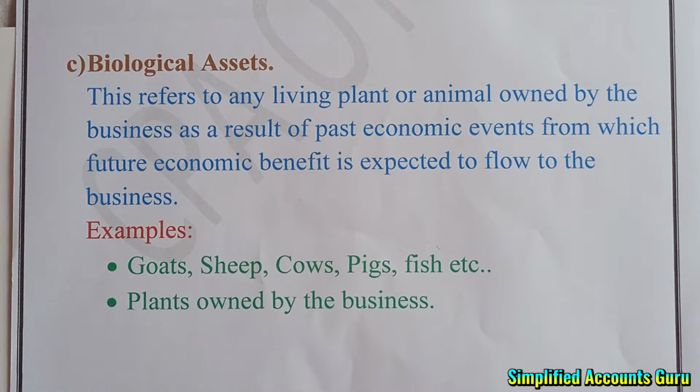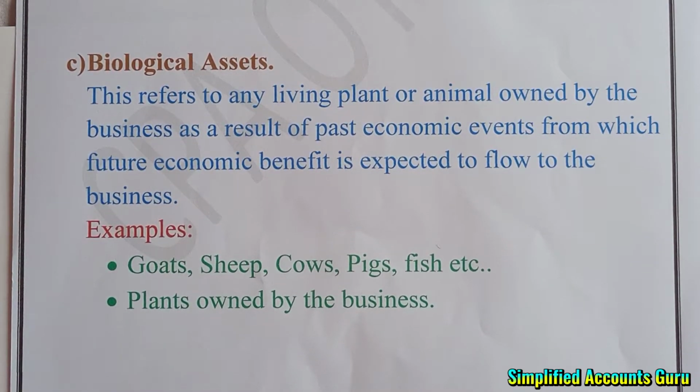That's why I categorized the two ladies under assets. Then I will go deeper and categorize them under biological assets, because we cannot categorize them under non-current assets, neither can we categorize them under current assets.